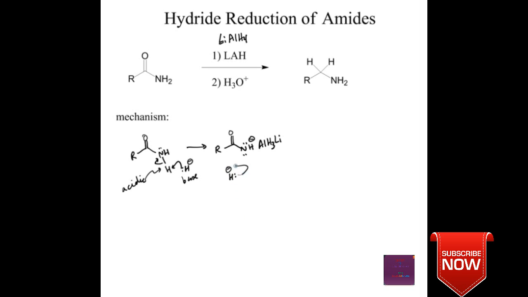It'll still get attacked by the nucleophile, by another equivalent of the hydride. Our nitrogen still has AlH3Li+. And now the oxygen has a negative charge, so let's draw its counterion, AlH3Li+.